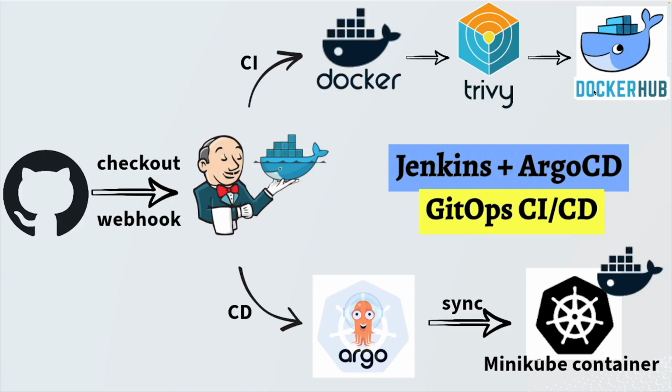Now, after the image has been saved on DockerHub, I will use Jenkins container to set up a GitHub webhook. Now, this will ensure that whenever you do git push, the whole process builds from beginning to end.